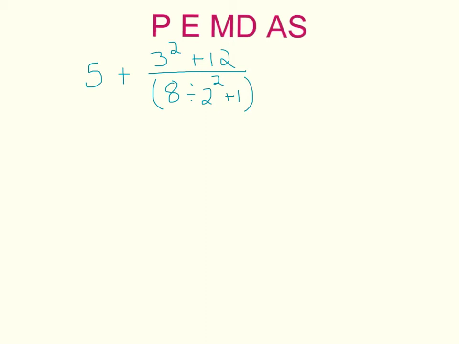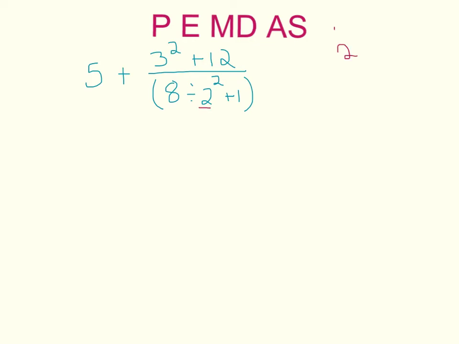Okay, here's the last example that we will do all together, and then I'm going to give you 2 that you can try on your own. Okay, this one looks complicated, but you just take it one step at a time. Start with inside the parentheses. We have 8 divided by 2 squared plus 1. So inside the parentheses, then you start with that exponent.